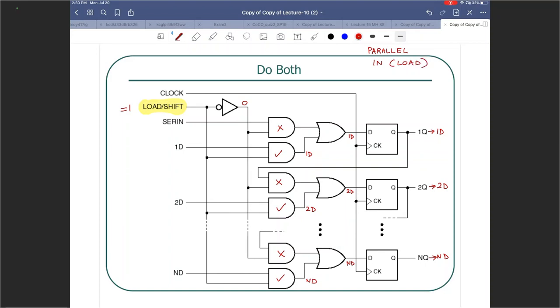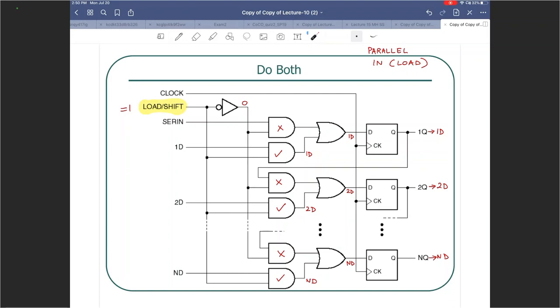So I did a parallel load here. Can I do a parallel access, parallel load, parallel out? Yes, I just observe the outputs of all the flip-flops, and that is me reading things in parallel, all bits at once. So that's fine.